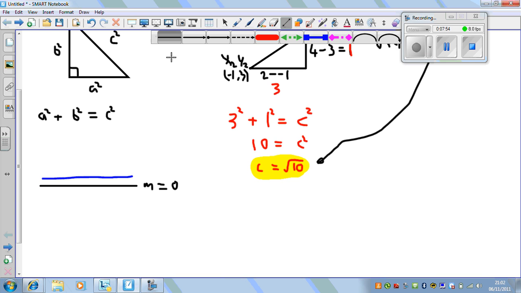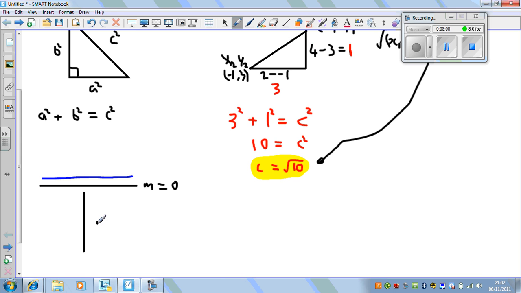We can have a vertical line, and technically the gradient is undefined, but we can think of it as an infinite gradient or an undefined gradient.